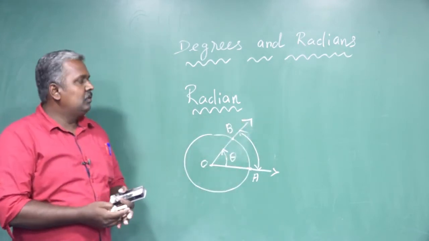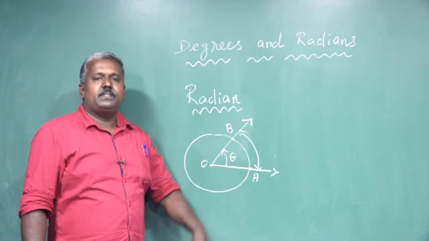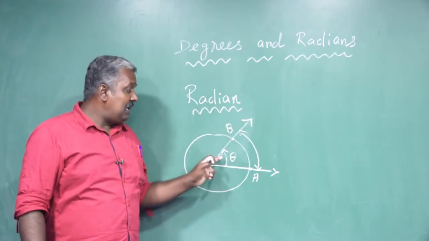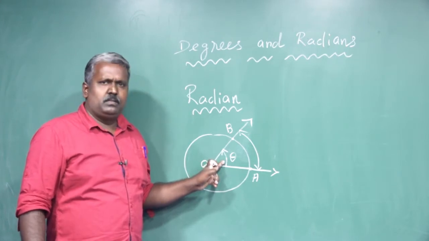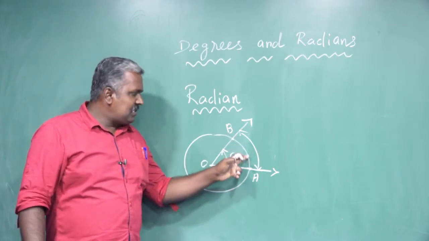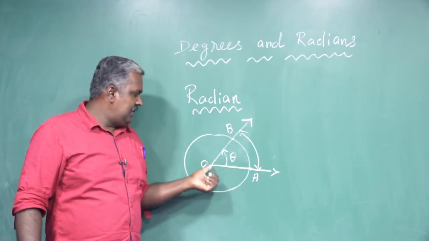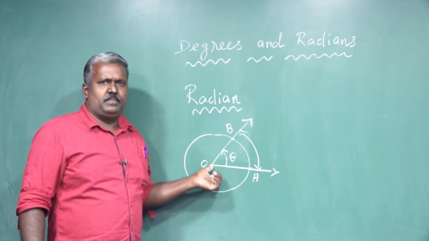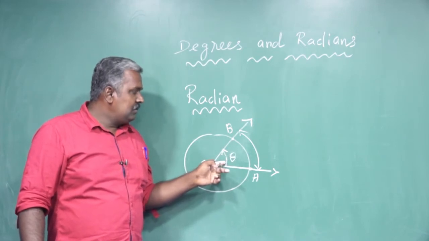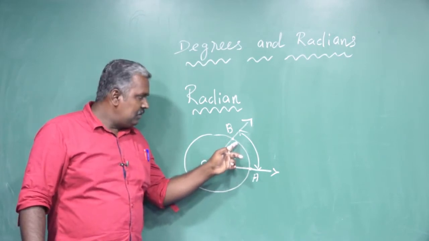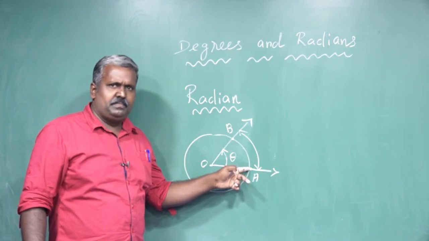Radian means, radian describes a planar angle subtended by the circular arc at the center of the circle. That means the planar angle subtended by the circular arc at the center of circle.